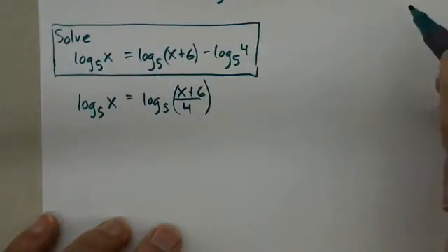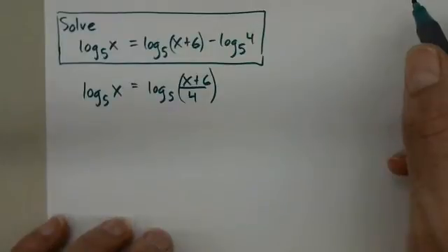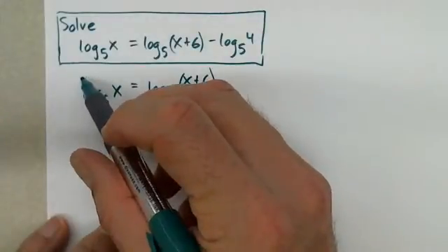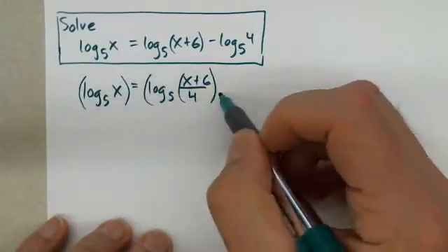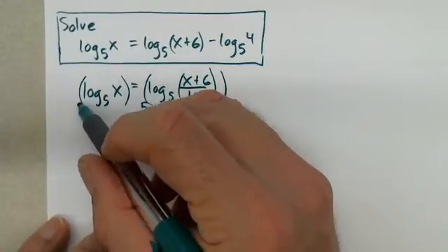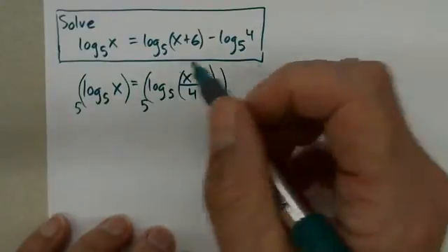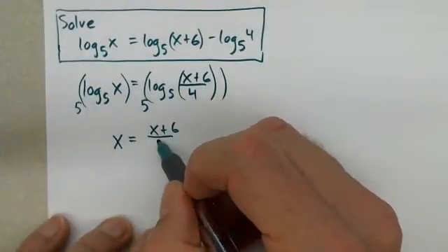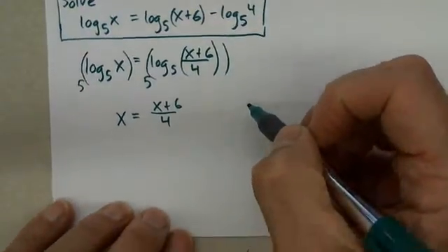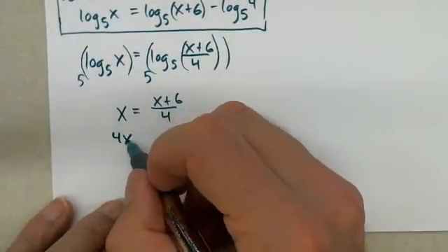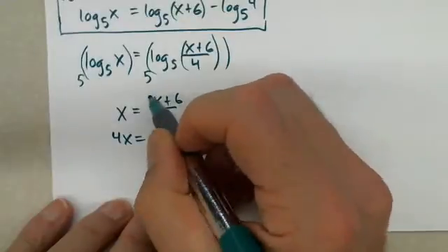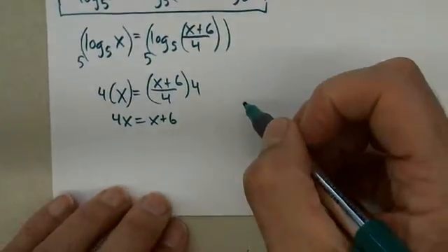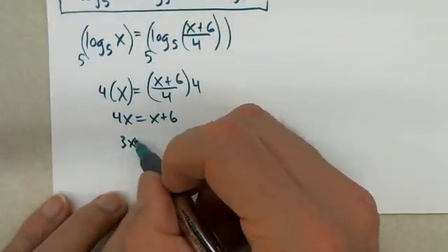And now, since we have the log of the same base on both sides, we can just exponentiate. So this and this both will be the exponent of 5, and we'll get x equals, multiplied by 4 and subtract x.